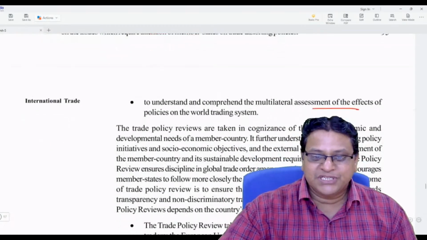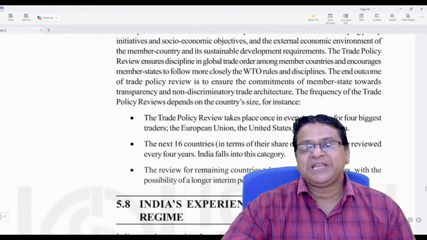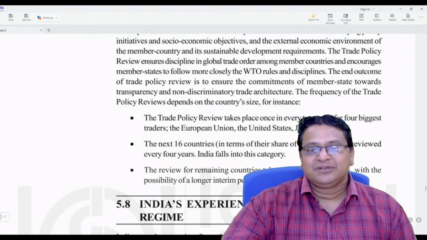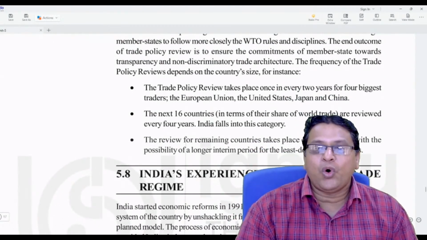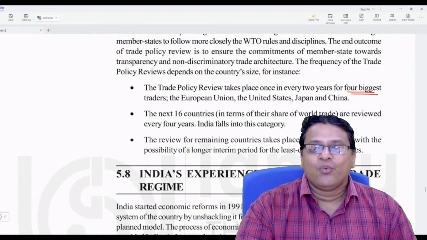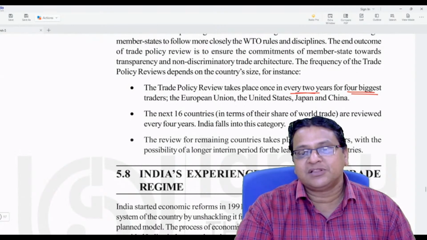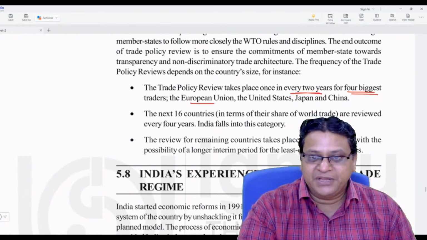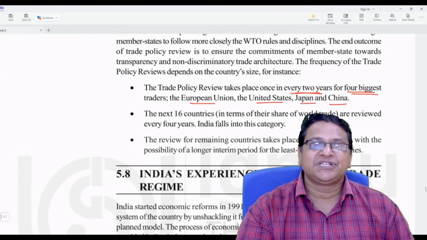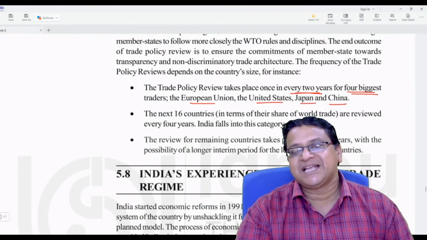The trade policy review is done periodically for different types of member countries. Let's take an example. For four major economies, trade policy review is done once in 2 years. What are the four major economies? For the European Union, the USA, Japan, and China, trade policy review is made once in 2 years.